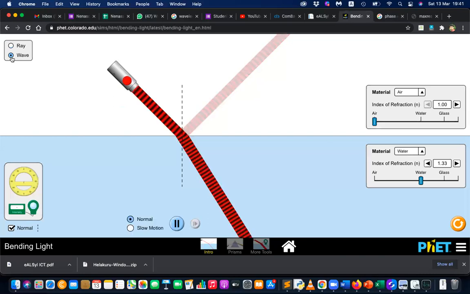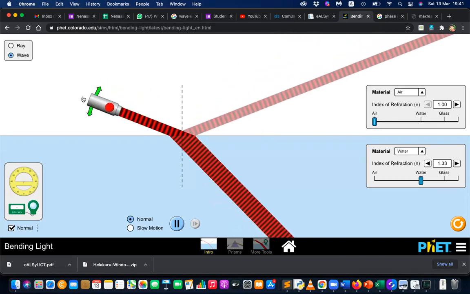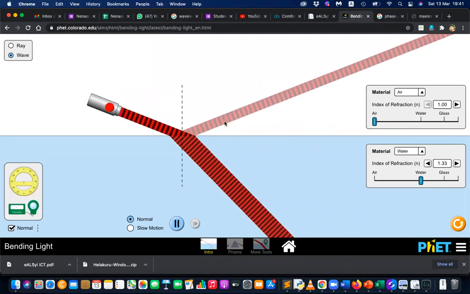The reason behind this is that it is just slowing down. Just observe the points. You can see this left side point touches water first.